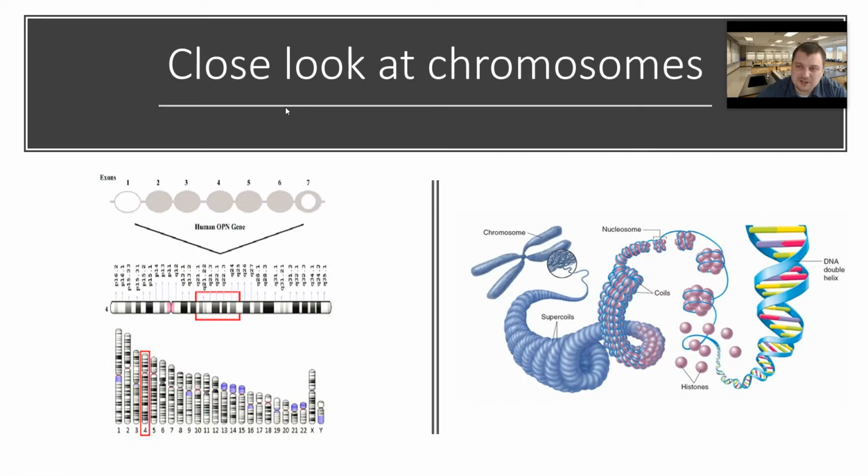So I want to do a close look at the chromosome itself. Remember, we have 23 pairs of chromosomes in each one of our cells, and if we look at our chromosomes, they're actually broken up by genes. Each section of a chromosome codes for a specific gene that codes for a specific protein that would then be expressed in our bodies.